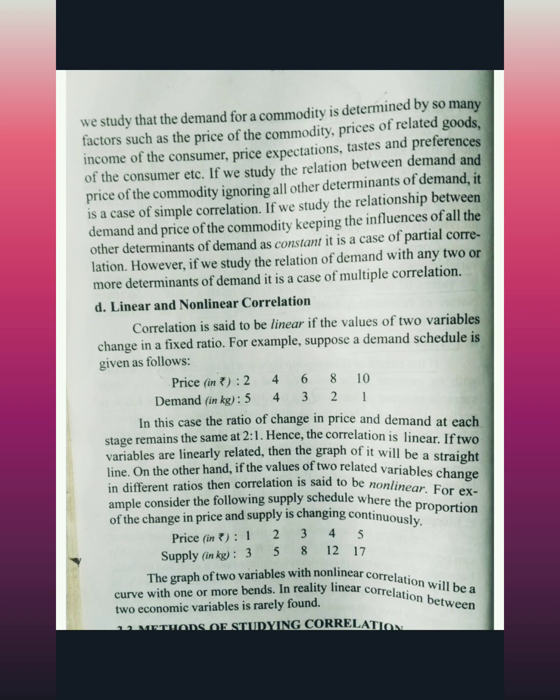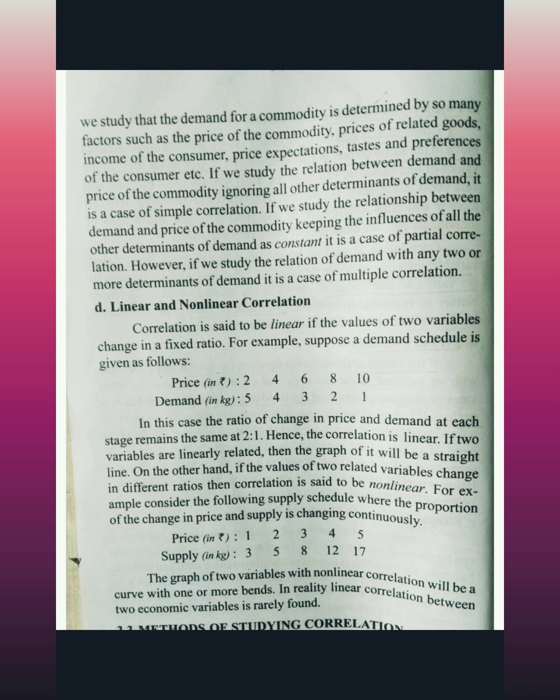Correlation is said to be linear if the value of variables changes in a fixed ratio. We can see the example there. Suppose a demand schedule is given as follows. The price in rupees is 2, 4, 6, 8, 10 and the demand is 5, 4, 3, 2, 1.